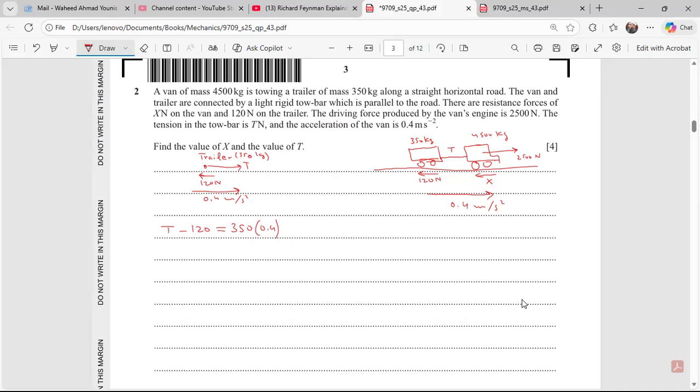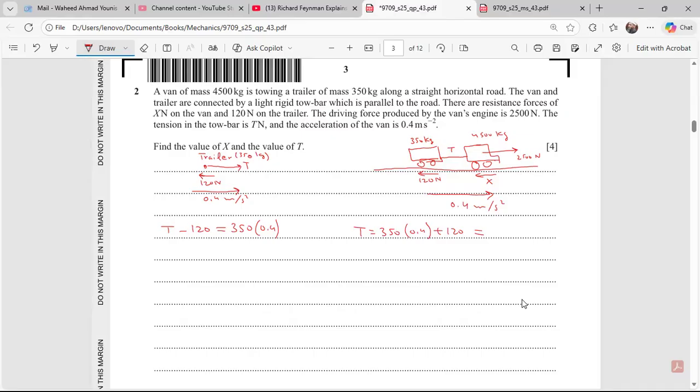So from here you can see that T is equal to 350 times 0.4 plus 120. And this all comes out to be 260.